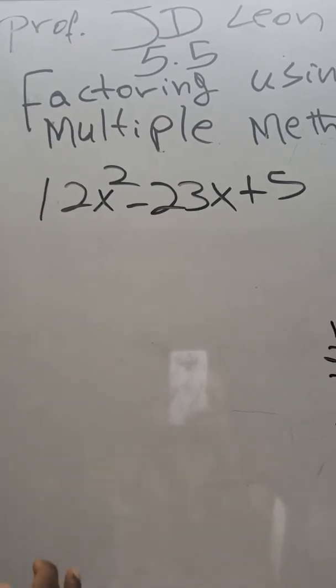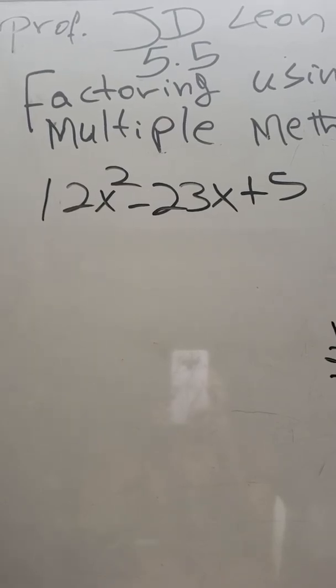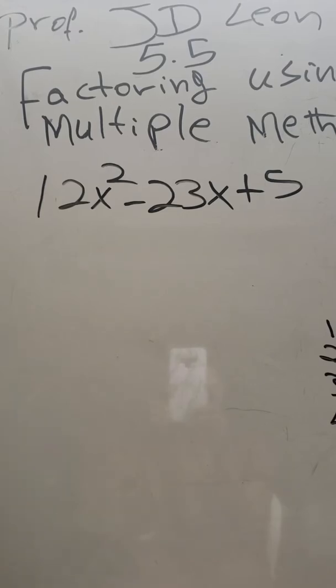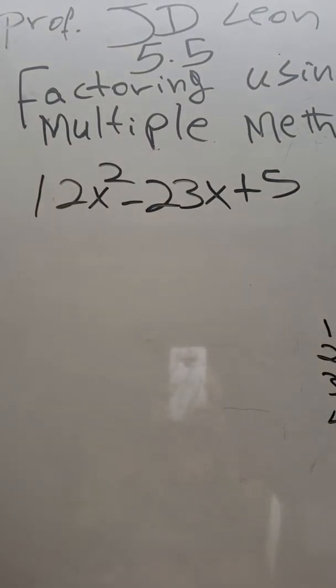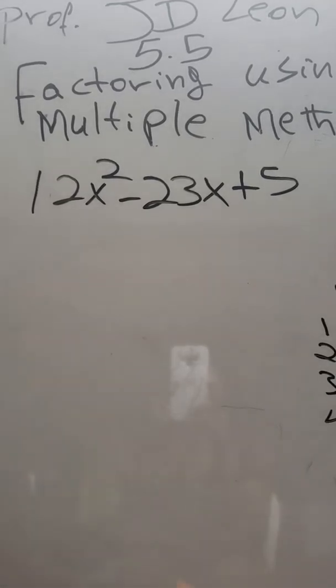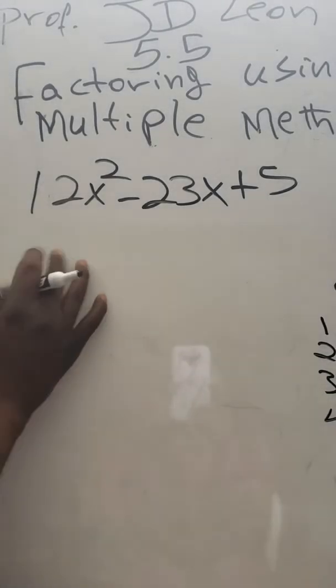We can also use changing the grouping in the AC, which is the same thing. We could also use the square root method, which one of the students told me they like. I don't normally use it, but if you find it easy, definitely. Whatever method you find easy that you can actually factor this with, please, by all means, use it.